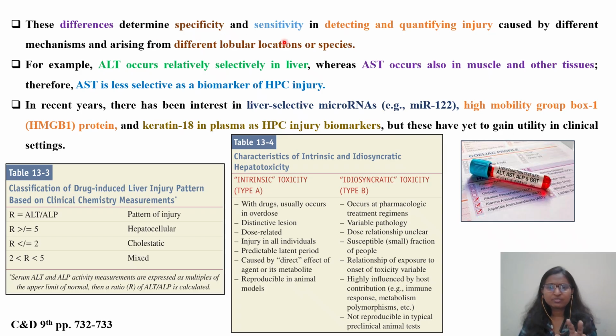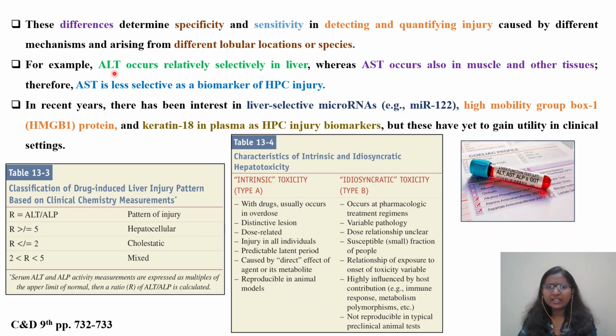So these differences determine specificity as well as sensitivity in detecting and quantifying injury caused by different mechanisms arising from different lobular locations or species. Within the species there are differences, and within the liver there are different lobules, no? So from the different lobular locations and species, we are able to identify the mechanisms.